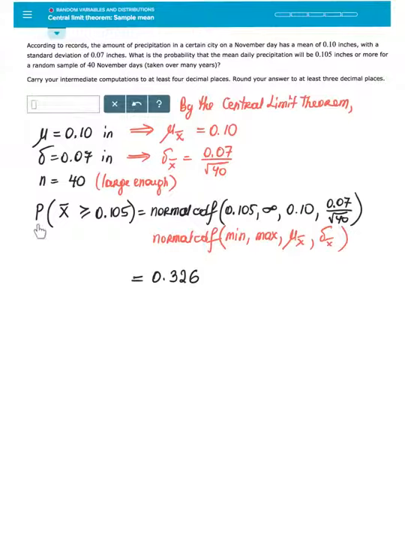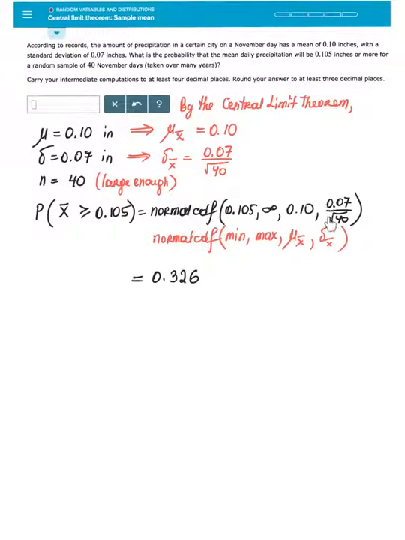So, the probability that the sample mean will be greater than or equal to 0.105 will be equal to normal CDF on the interval from 105 thousandths to positive infinity, because my interval starts from 0.105 and goes on forever to the right side.